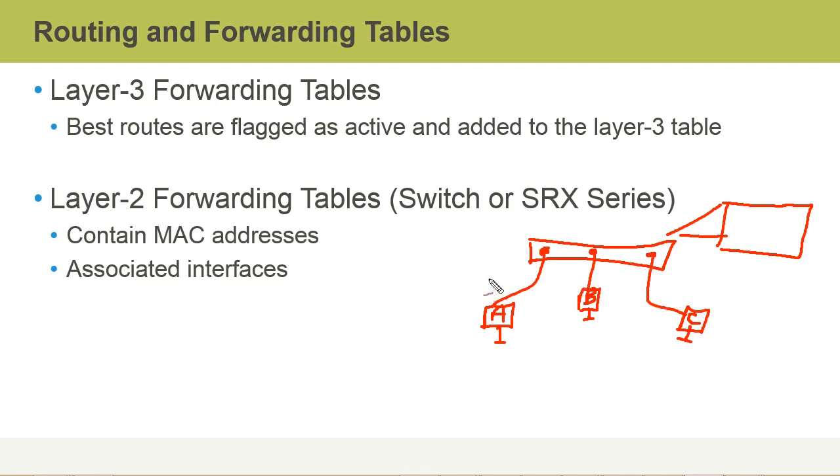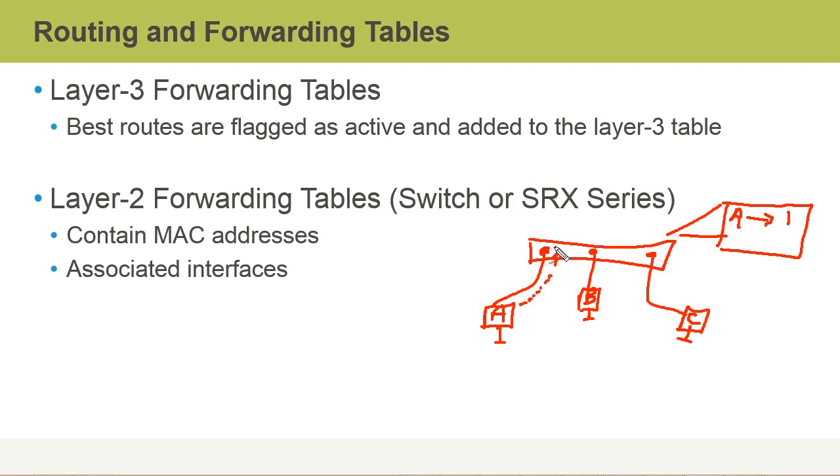So what happens is that when a system first sends traffic out on the network, the Juniper device receives that traffic and it looks at the source MAC address of the packet. And it records, oh, so we've got the source MAC address of computer A plugged into port 1.